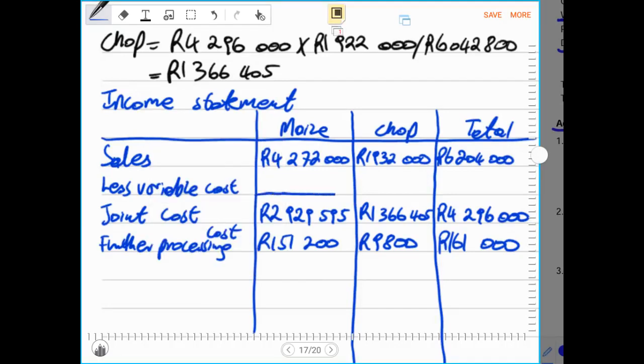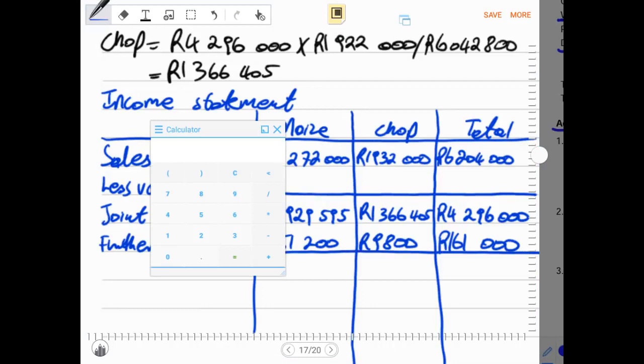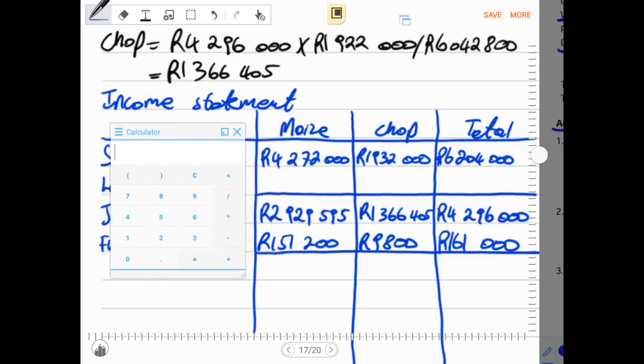And remember, all these costs are variable cost. None of them are fixed. They include everything. So now we have to add those. We say 2,929,595 plus 151,200.